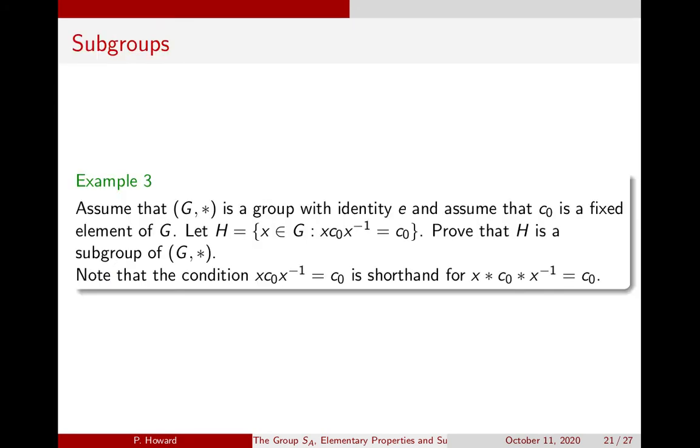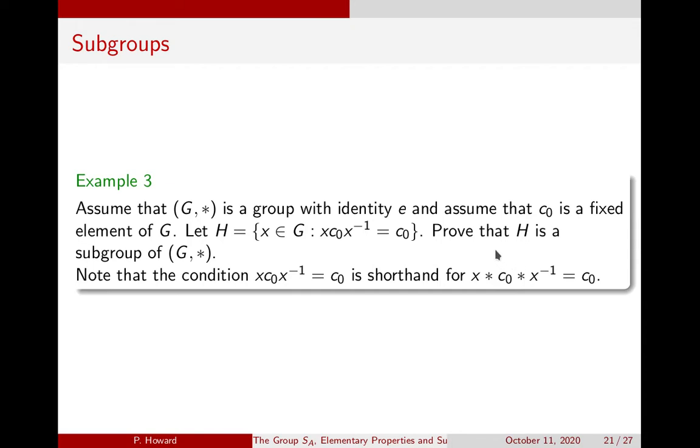Another example. Assume that G star is a group whose identity is E, and assume that C sub 0 is a fixed element of G. Now we're letting capital H be the set of x's in G for which x times C sub 0 times x inverse is C sub 0. Note here that x C sub 0 x inverse is shorthand for x star C sub 0 star x inverse.